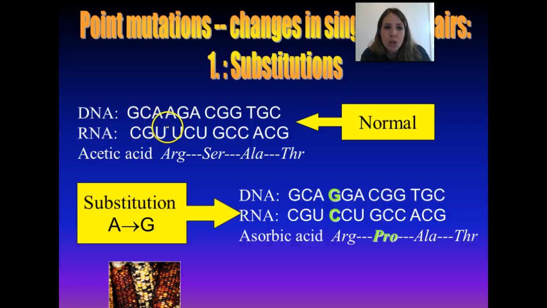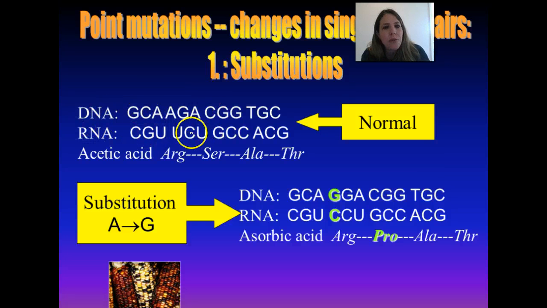As you'll learn in more detail, RNA is very much like DNA, except that instead of thymine, the T, it uses a U, uracil. And so you get RNA from base pairing with DNA. If I had a G in the DNA, I'll get a C for the RNA. If I had a C in the DNA, I'll get a G in the RNA. A will give me not T, but U, and so on all the way down.